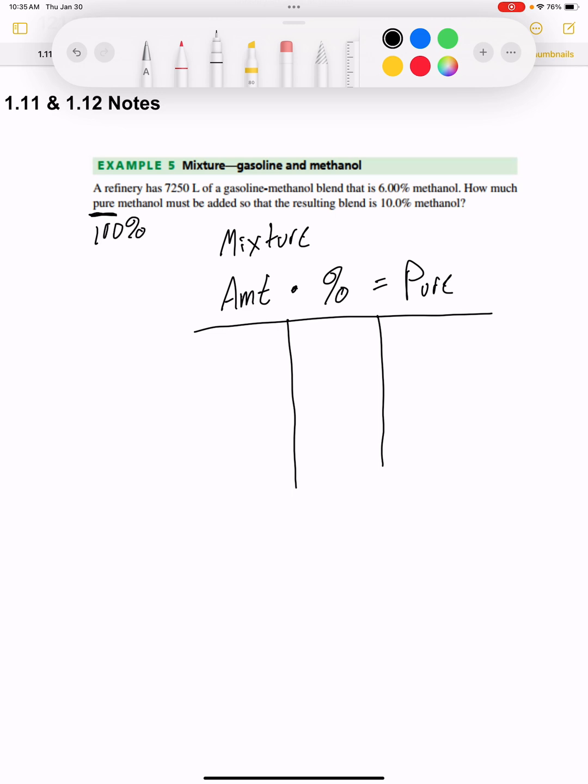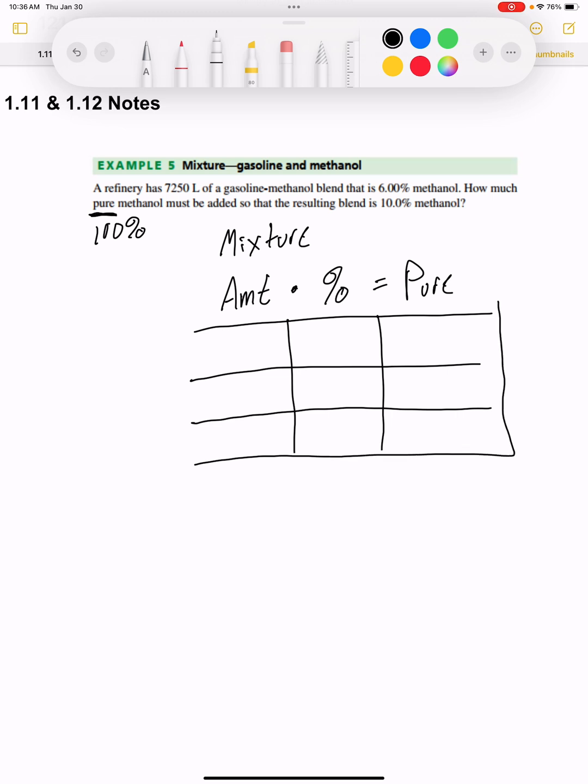So usually there are 2 things you're mixing together, or at least 2, you could have more, to get a third thing that you want. You're mixing 2 substances together to get a third, and this is what you want. So I always put what you want at the very bottom. Now, you don't have to do that.